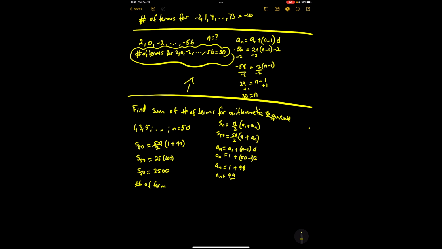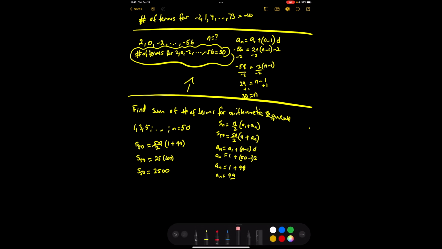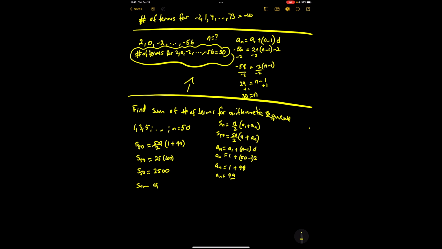No, not the number, that's the sum. So the sum of the number of terms for 1, 3, 5, where n is equal to 50, is 2500.